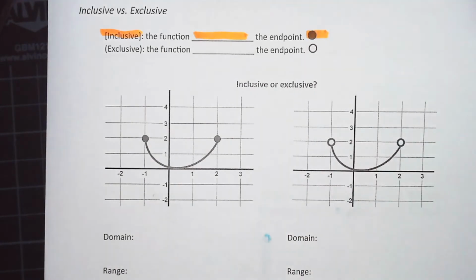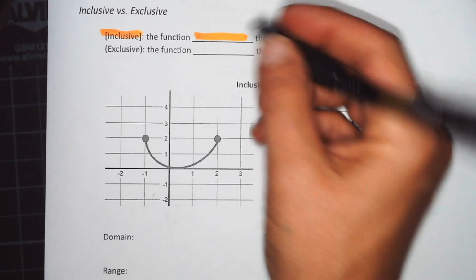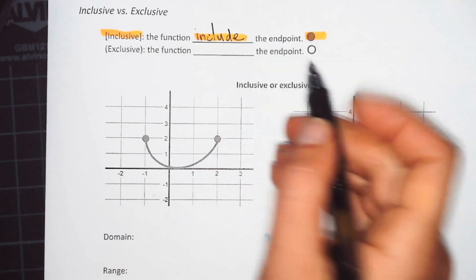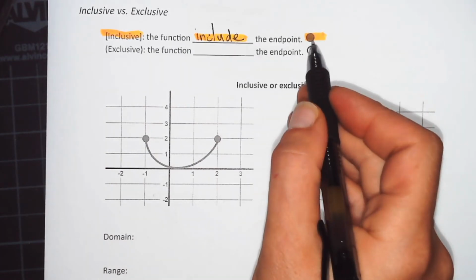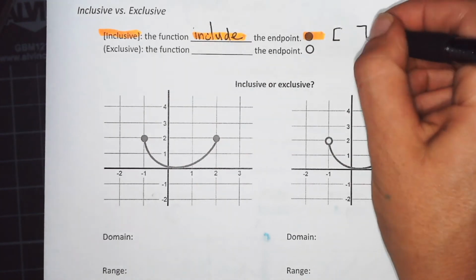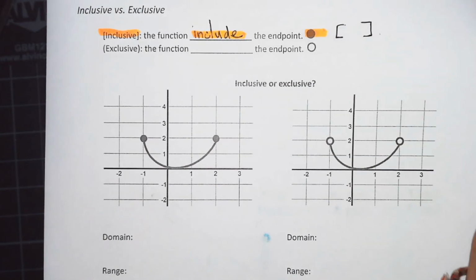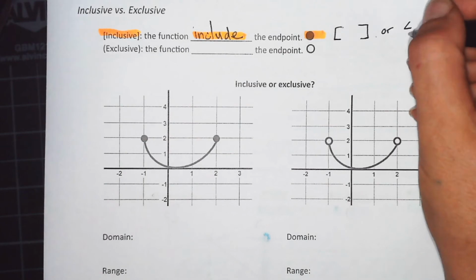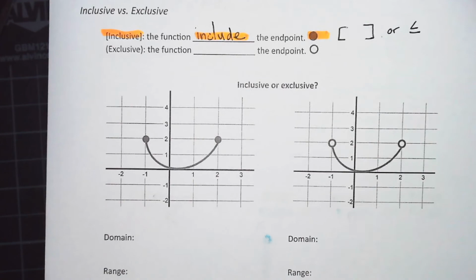And we see that with a solid closed-in circle. When we have a closed-in circle, we use our brackets for our interval notation, or our less than or equal to for our inequality notation.